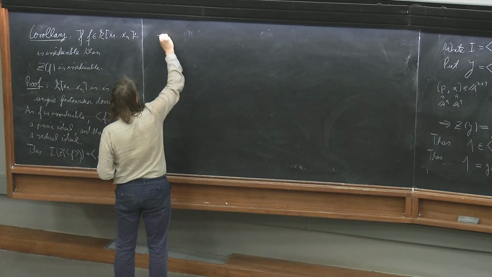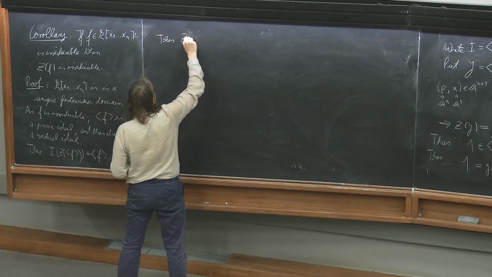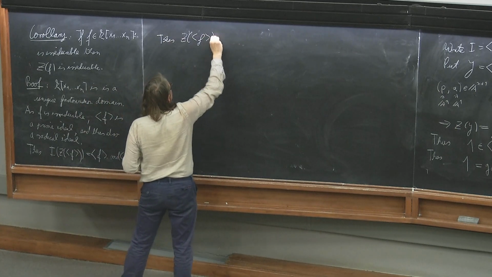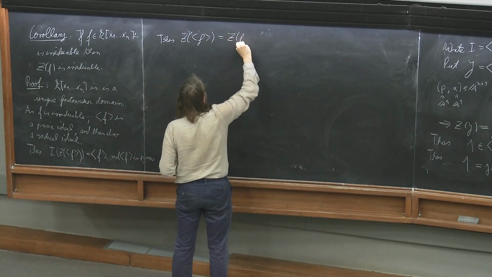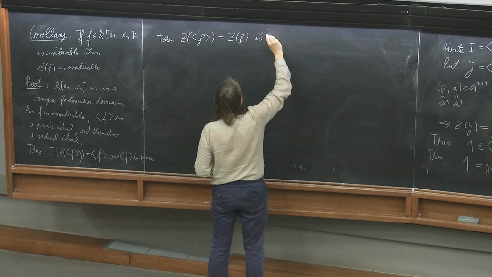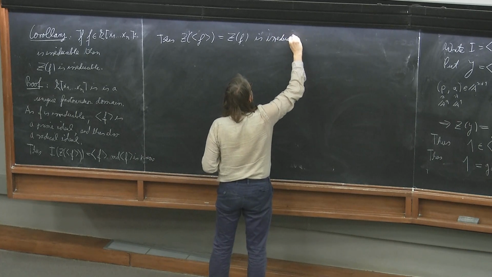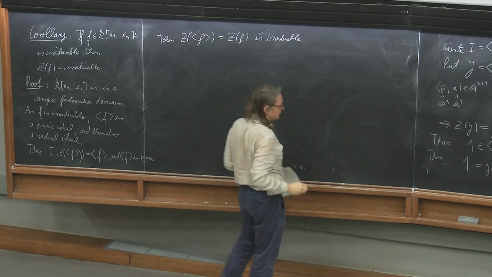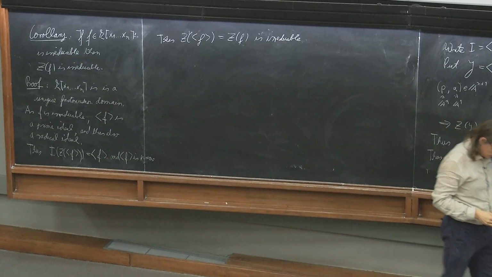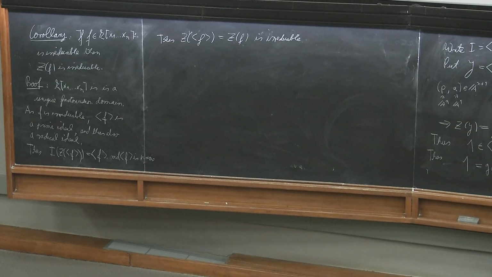So thus the zero set of f is irreducible. That's quite simple. There might be easier ways of doing it anyway, but that's how it is.